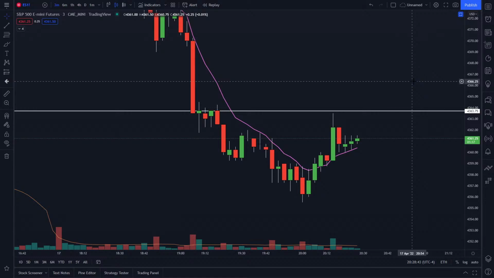What's with the 8 EMA again? Yeah, so the 8 EMA, some people really like it because when the price starts to stray away from it, it's usually indicative of a pullback, right? But yeah, you're right.